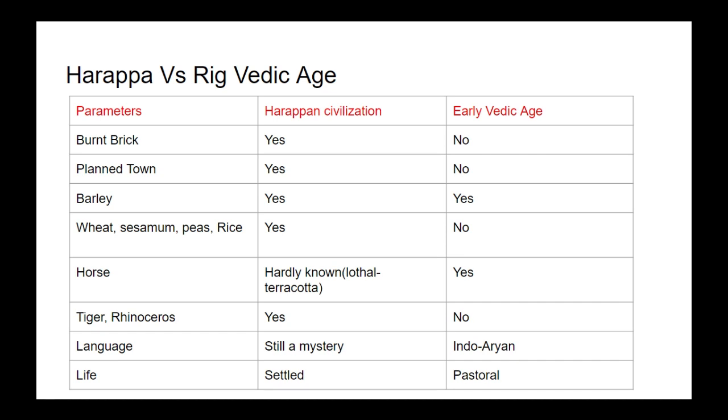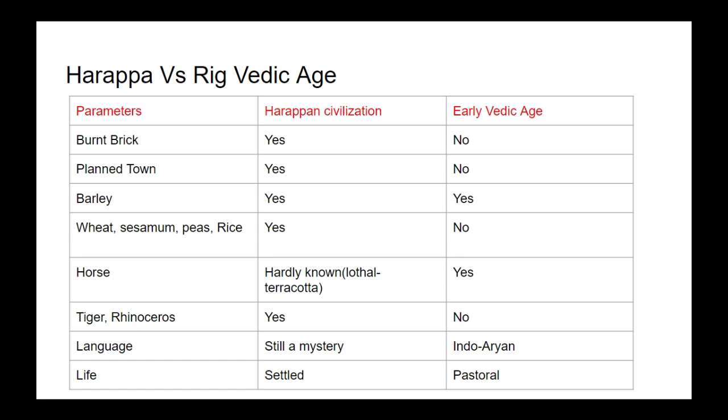Harappan people knew about the tiger and rhinoceros, but early Vedic people had no idea about the tiger and rhinoceros. The language of early Vedic people was Indo-Aryan, but the language of Harappan people is still a mystery. And the life of the Harappan civilization was settled, whereas the life of early Vedic people was pastoral in nature.